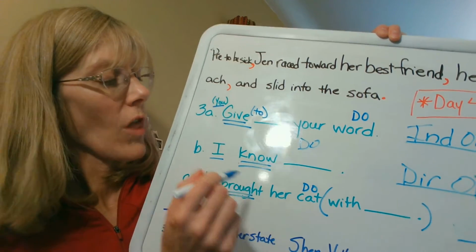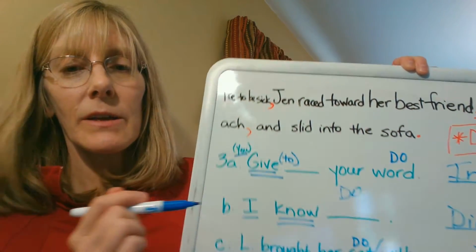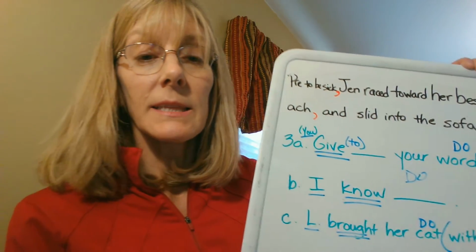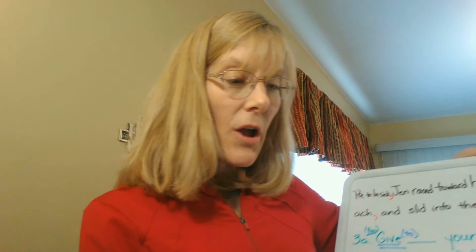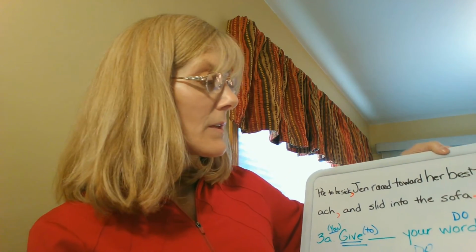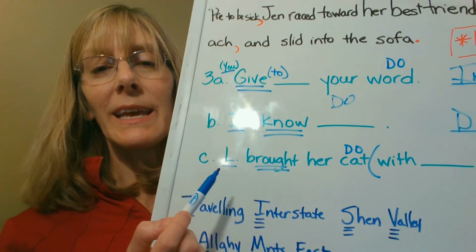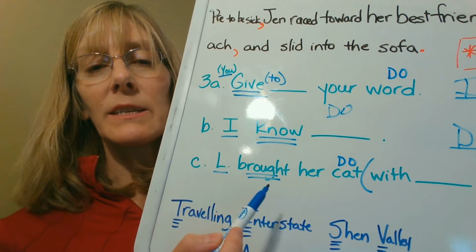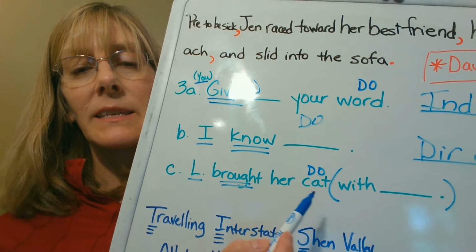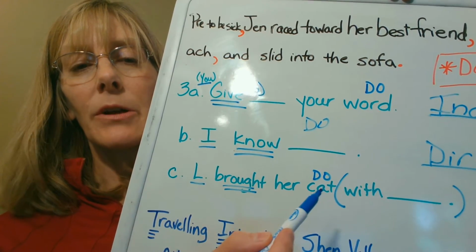Okay. Next, we have C. Leah brought her cat with, and then we need an objective pronoun, but we need to determine what type. So Leah is the subject, brought is the verb, cat is the direct object. Leah brought what? Leah brought her cat.